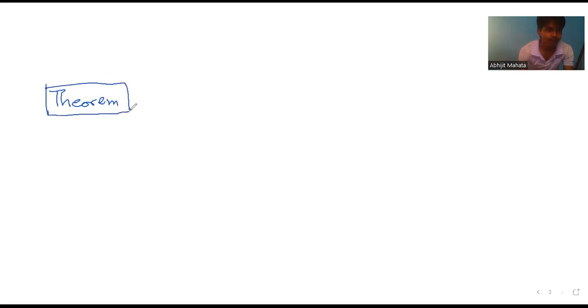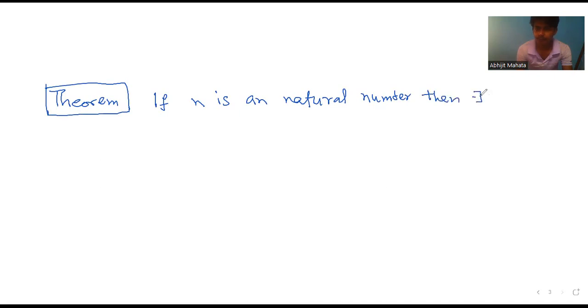If n is a natural number, then there exist n consecutive composite numbers.